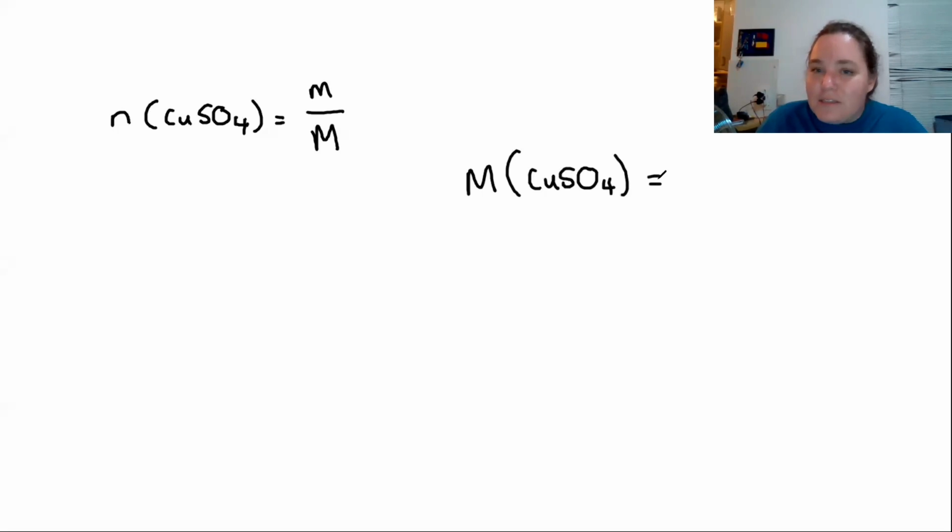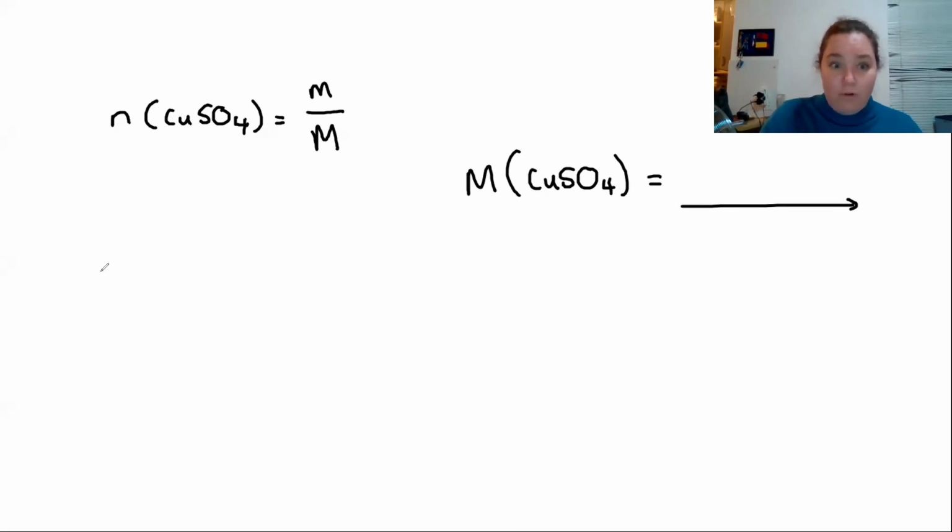It just makes it so much easier. Also, if I get asked a question later and I need the molar mass of copper sulfate, I go and look at what I put there because I know it and I know where to look. If I haven't labeled it, I've got a whole bunch of molar masses and I don't know what they all stand for, and then I've got to redo the same work again. Also, it makes it very clear to the examiner what you're talking about.